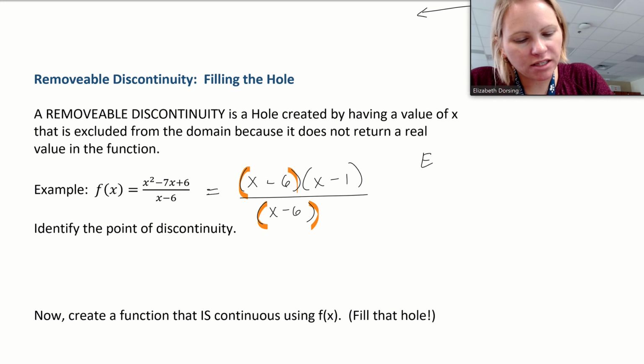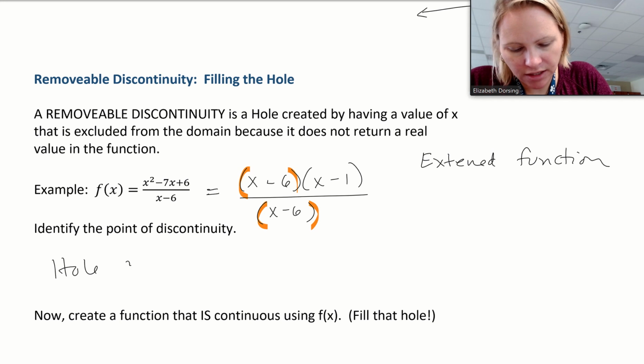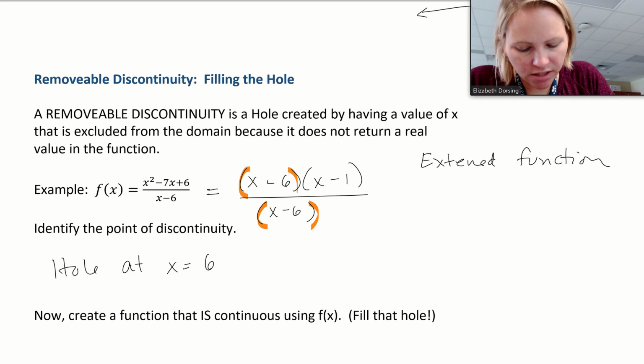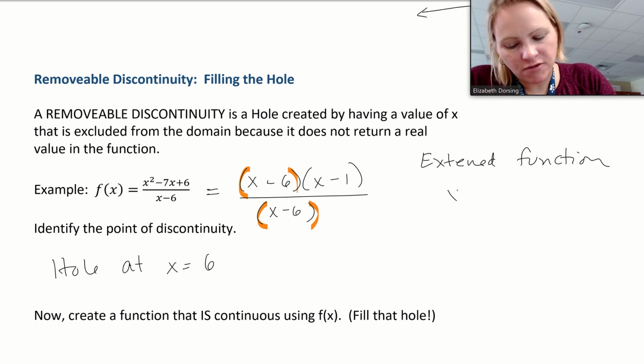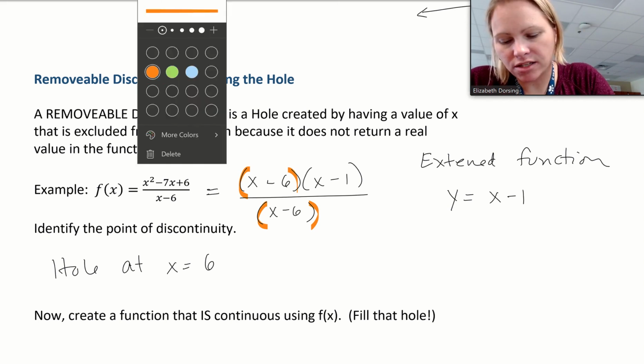I get what's called the extended function. So we have a hole at x equals 6. So the extended function looks like this. You just literally cancel the two factors, and whatever's left is your extended function.